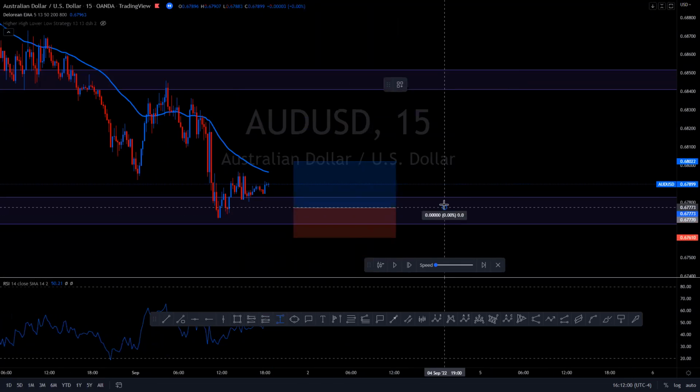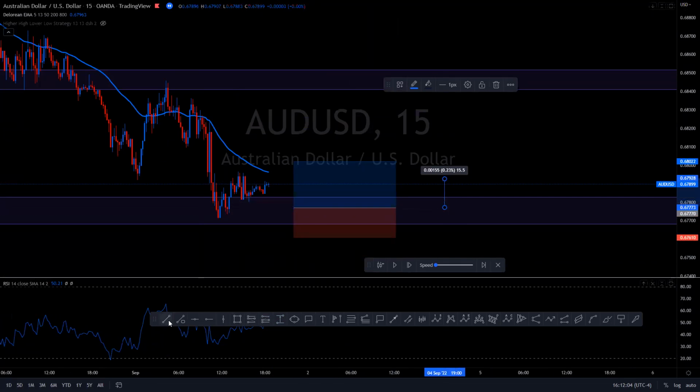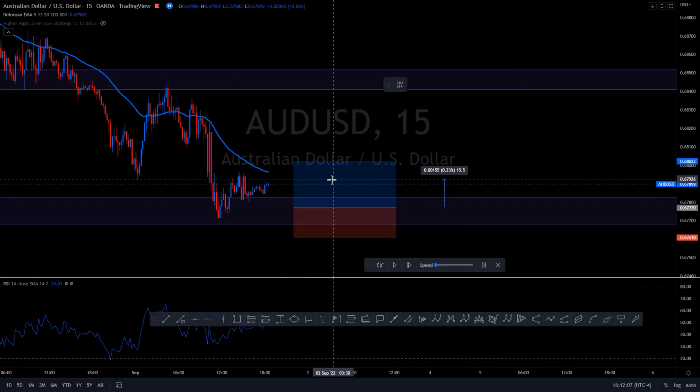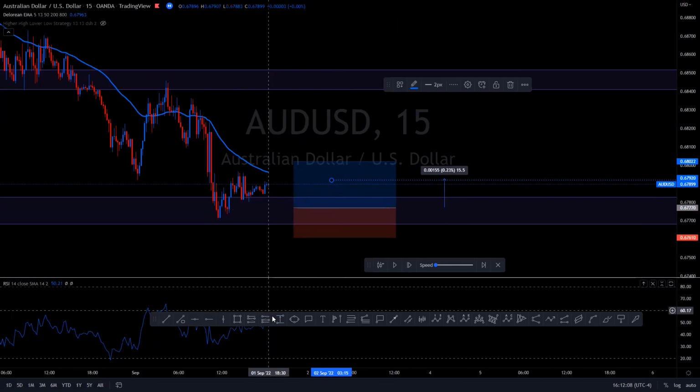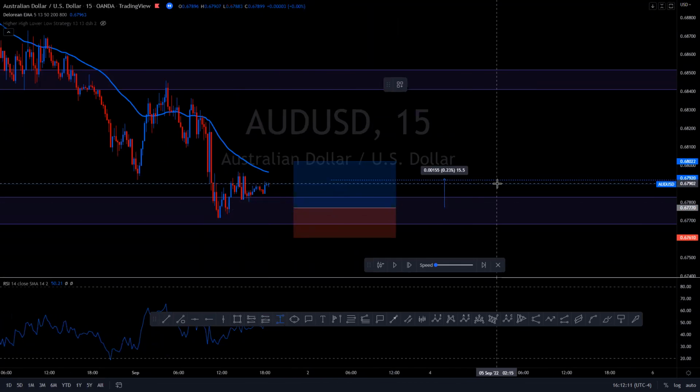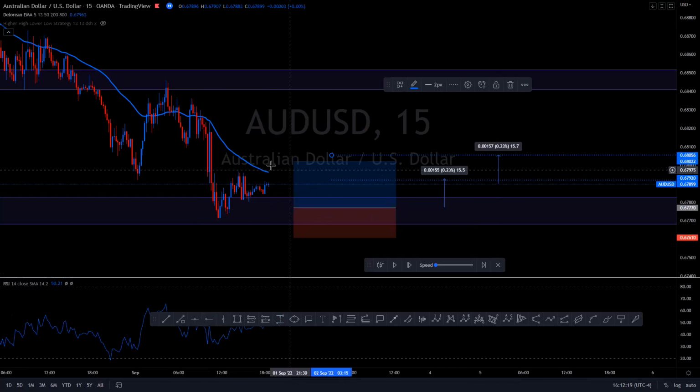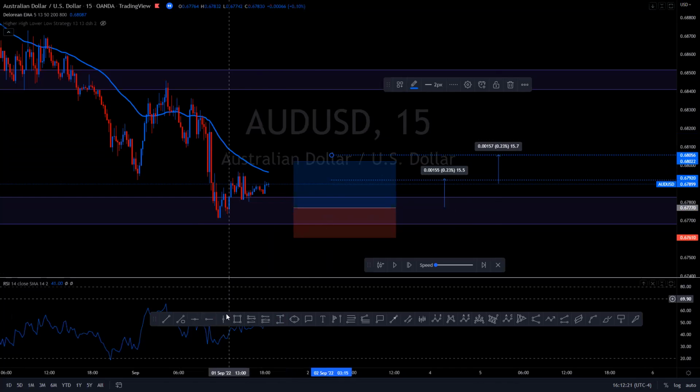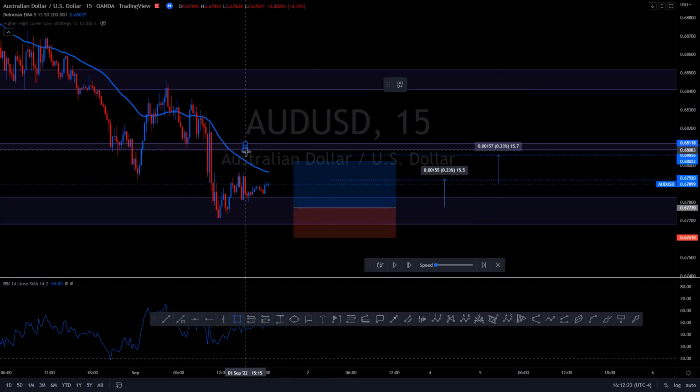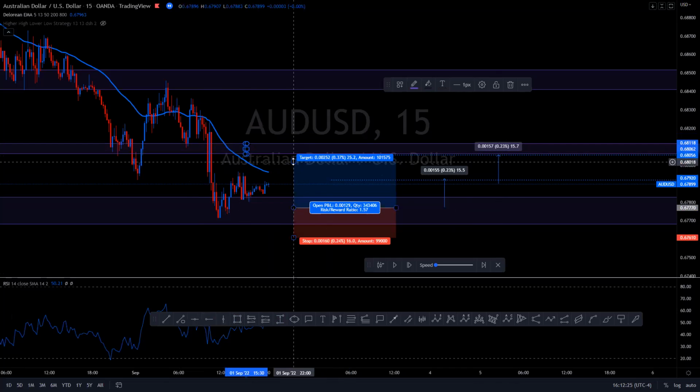So if it swings from here, 15 pips. Now, if it swings from this candle, 15 pips will go to here. And then ultimately, I would be targeting the liquidity to here.